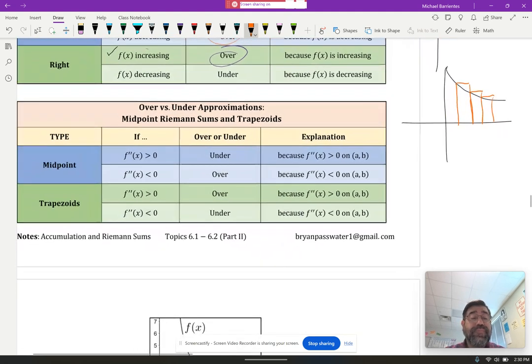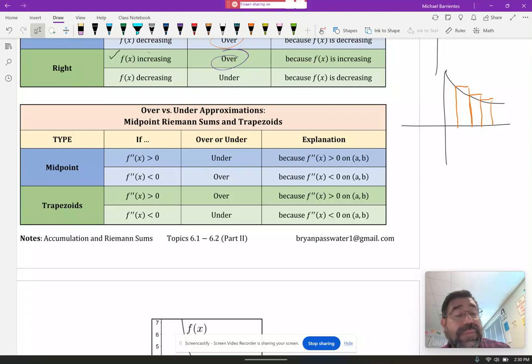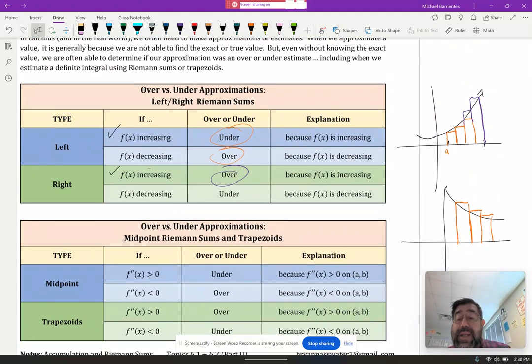Oh, by the way, when I use the explanation that f of x is increasing, that's the explanation why I have either an under or over estimate. I can also think about what we've talked about in the previous unit, which is I know that f of x is increasing if f prime of x is positive, really greater than or equal to 0. But if it's positive, then I know that it's increasing, and therefore I would have that analysis of over or under estimate.